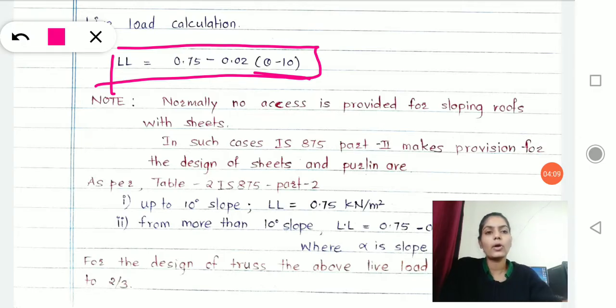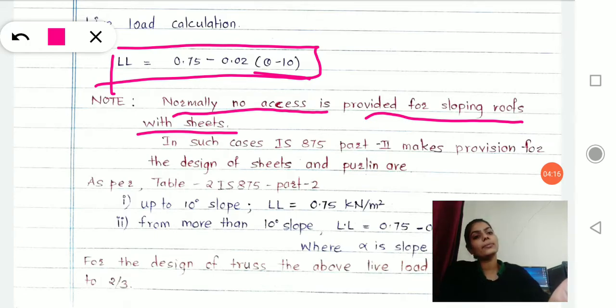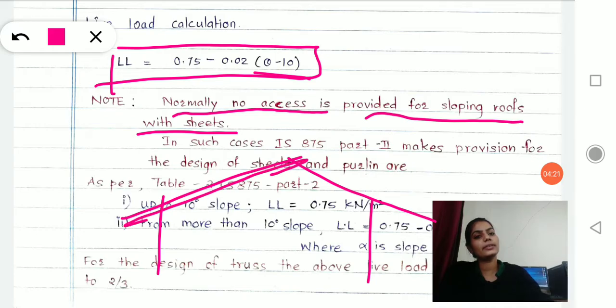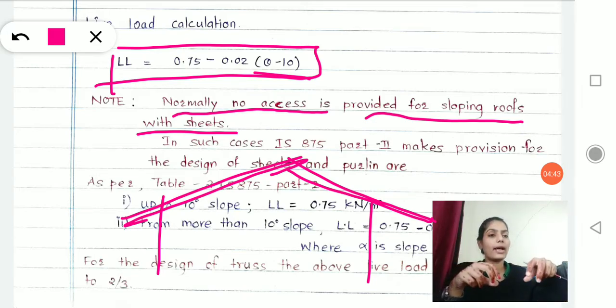The note says normally no access is provided for sloping roofs with sheets. If you are providing a roof in this pattern, it is totally sloping from both sides. When it is sloping, you should observe that on this sloping sheet there is no other floor and no arrangement for people to go above and live upon it.